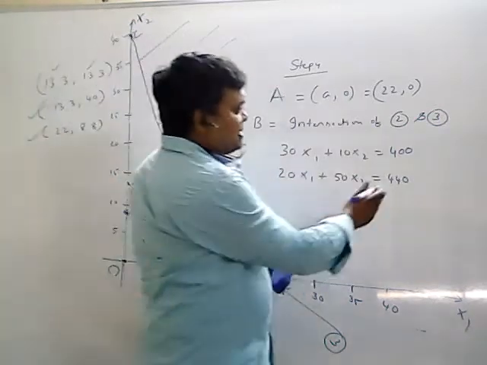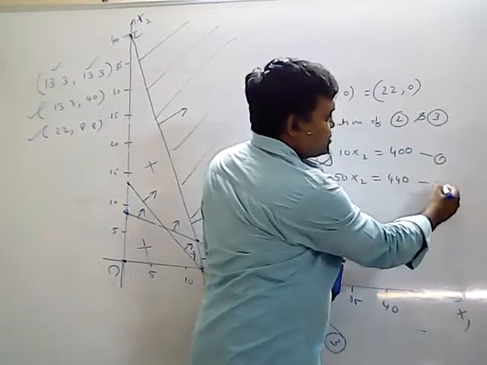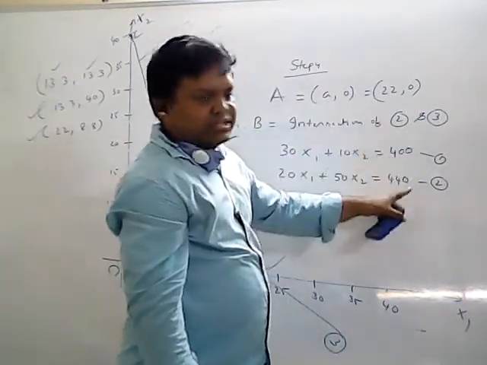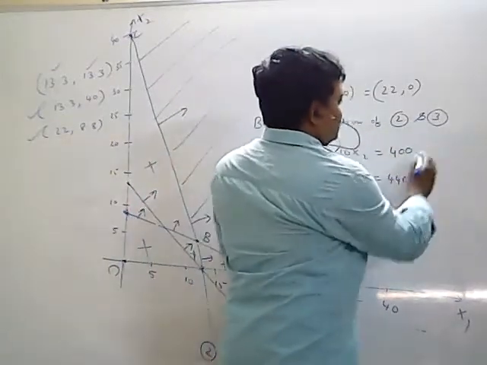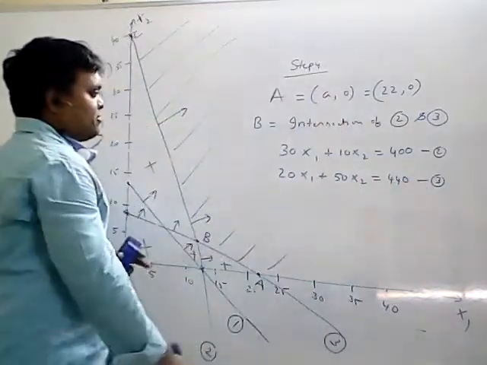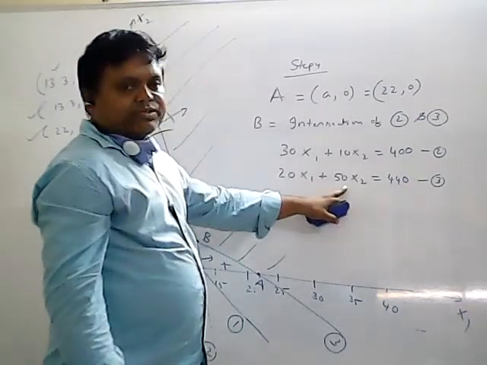Only for solving purposes, I will call these 1 and 2. The main equations are 1 to 3, that is different. Second equation and third equation: make the coefficients equal.